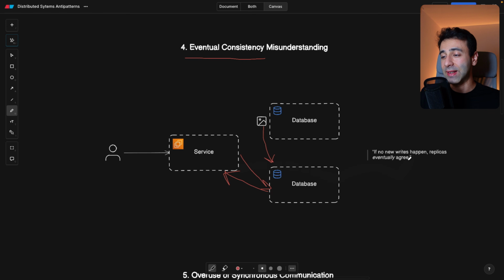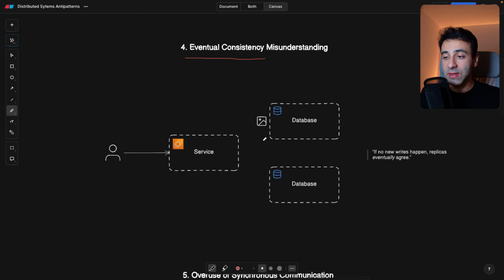Eventual consistency basically means that if no further writes happen, replicas eventually agree, meaning this photo is going to be eventually here. So this is kind of a different paradigm compared to what you would have in a synchronous case. In a strong consistency, you would have exactly two databases, and they would have to be synced as well.